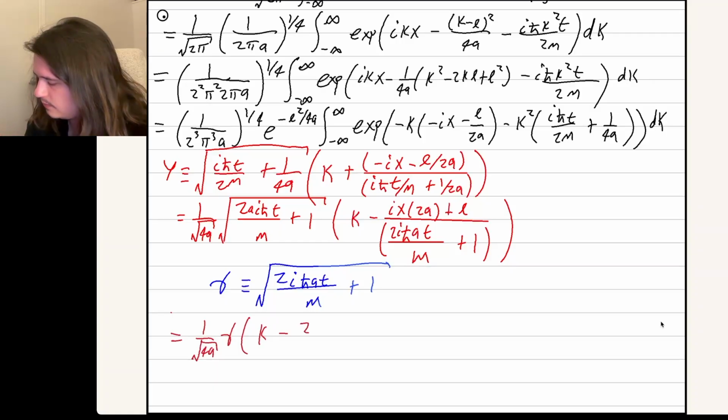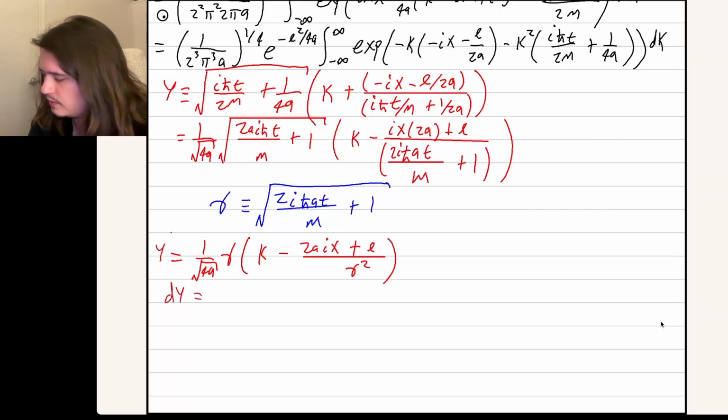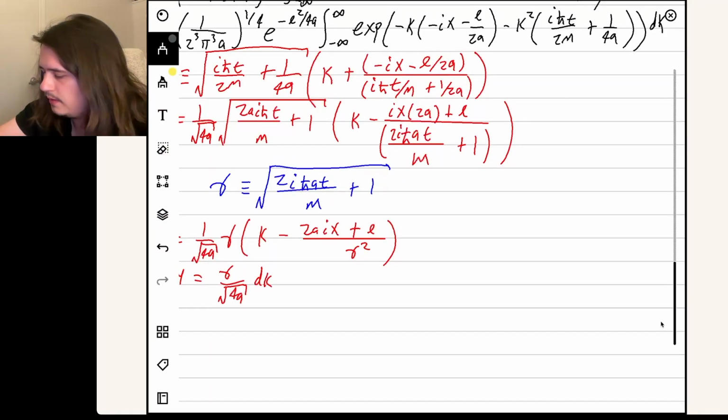So it's 2aix plus l all over gamma squared. That's pretty fancy. And so that's why if we do the differential, we just get gamma over root 4a dk, and we can plug that into our integral now.